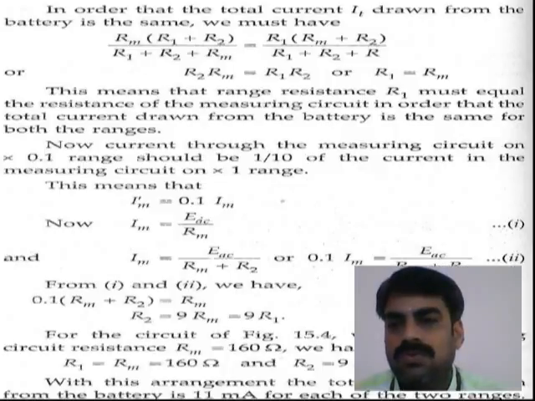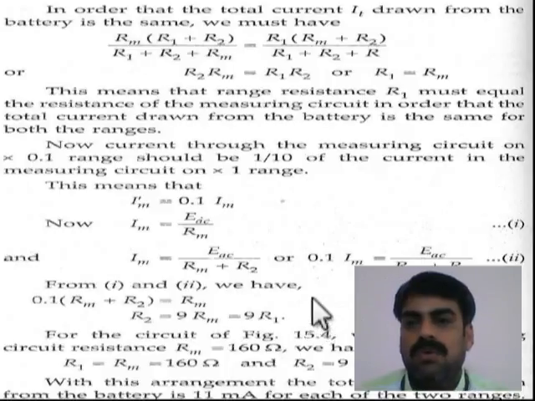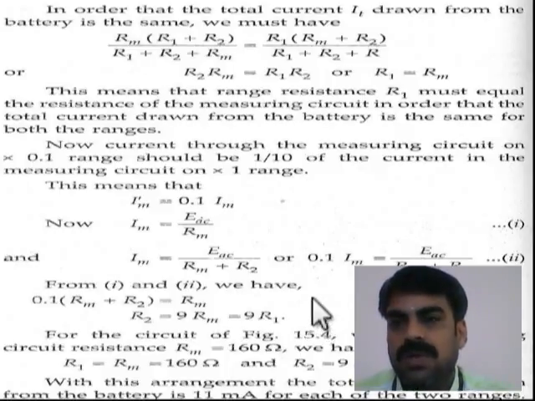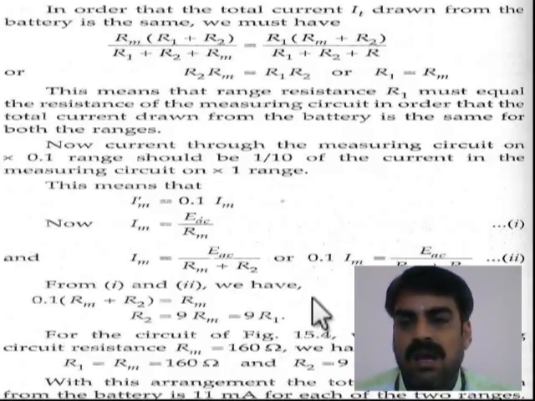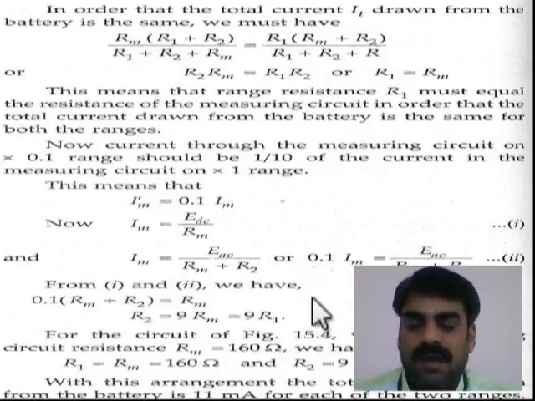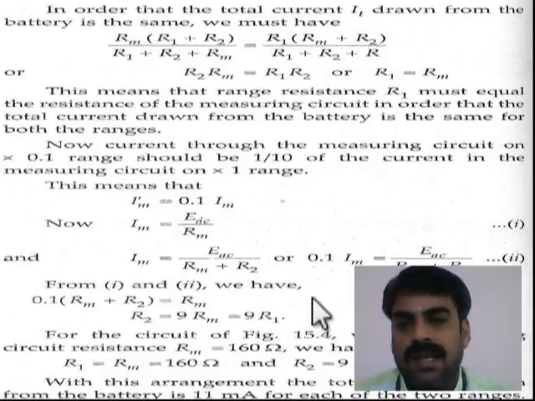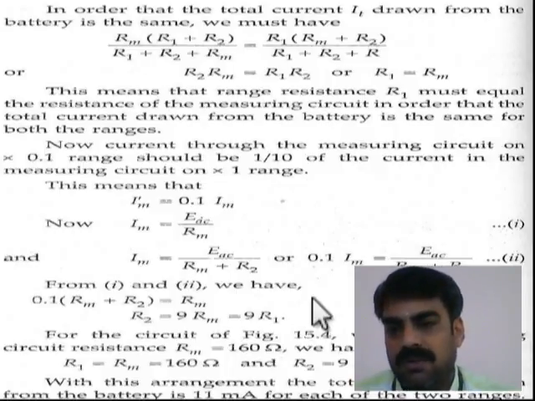So from 1 and 2 we are able to find the value of R2 as 9 times Rm, that is the same as 9 times R1. So if R1 is 160 ohm, 9 times that value will be our R2 value.